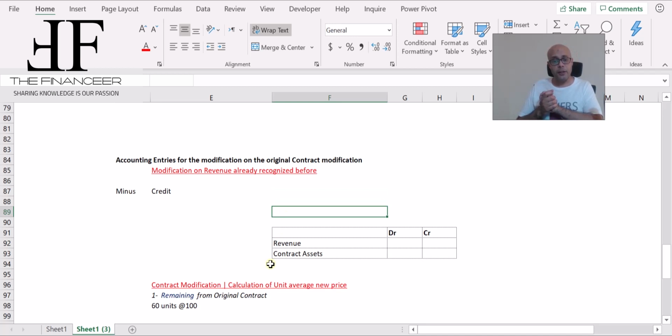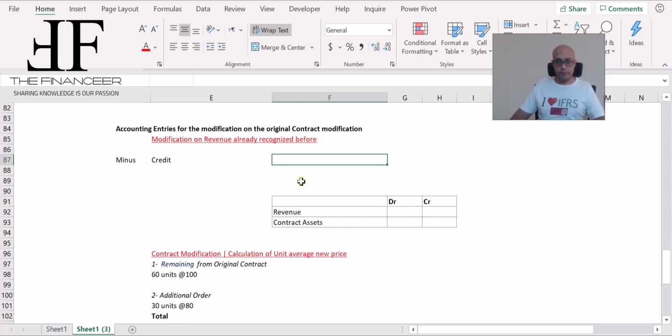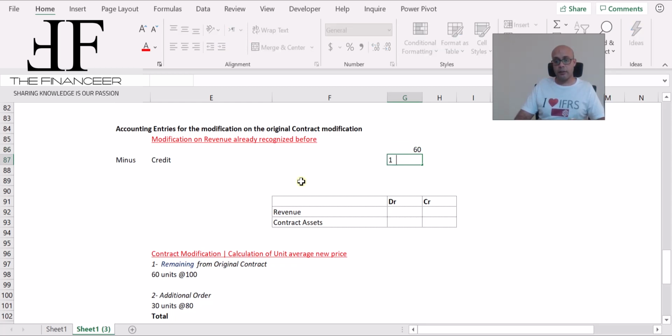In the first batch, the company determined revenue based on 60 units. So 60 units, this is the first batch. How much was the price? 100. So the total price here will be 6,000.